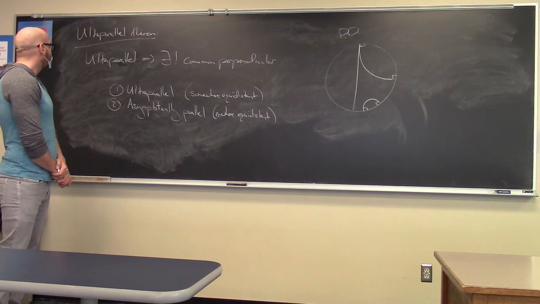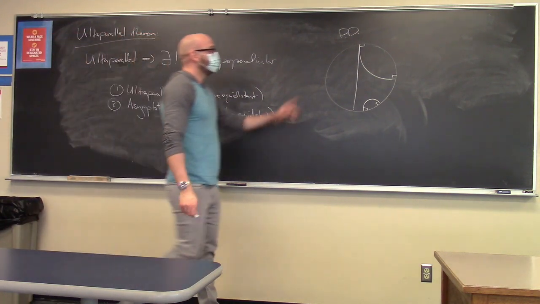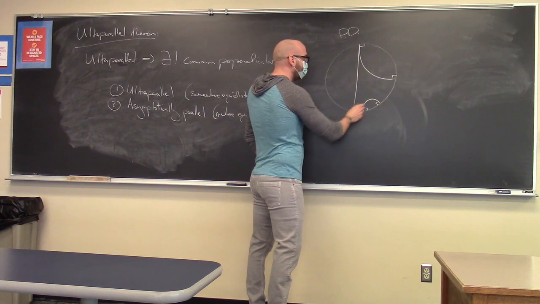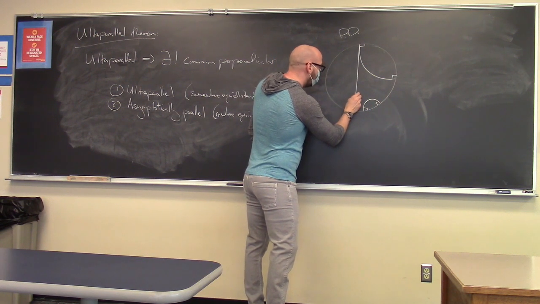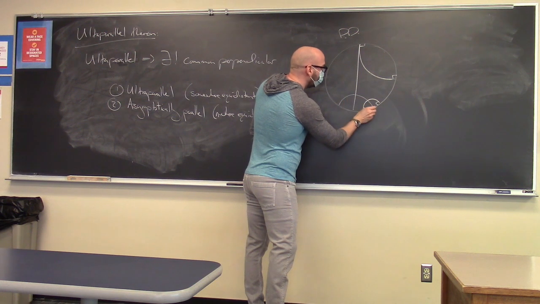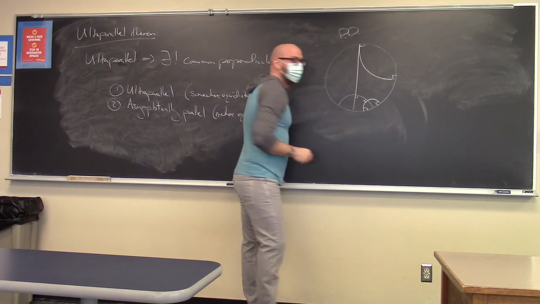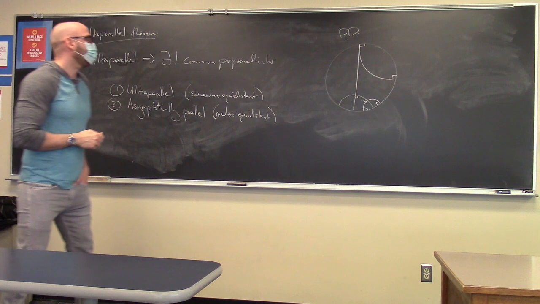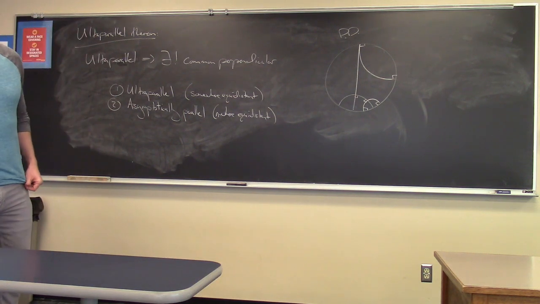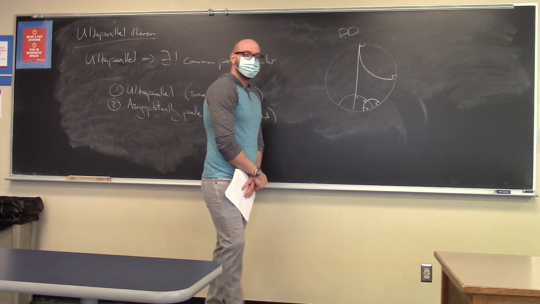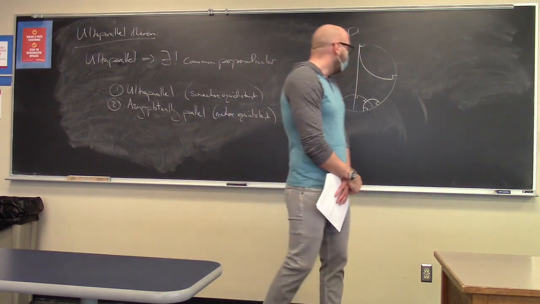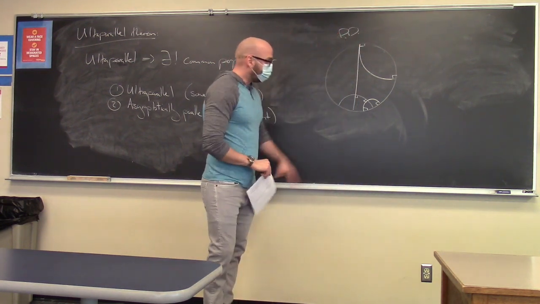But the important observation, the ultra-parallel theorem, says anytime I take two ultra-parallel lines, so how about this one and this one, then there is a unique common perpendicular between them. It's probably something like this. And we know it's unique. There can't be more than one because if there was, then we'd have a rectangle.